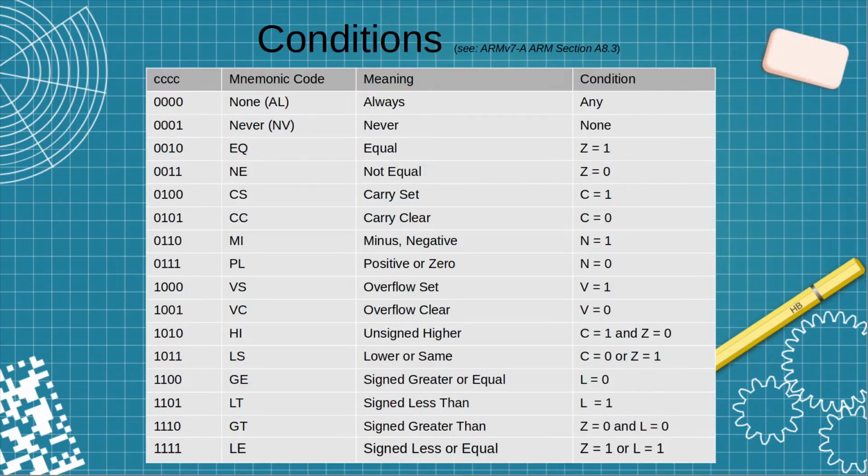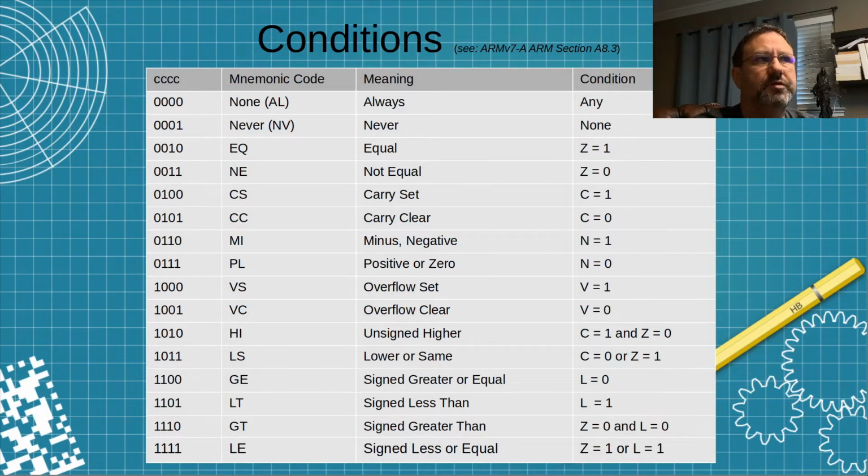But using those conditions, I can then encode for any given instruction if statements, basically. So I can now branch if some condition is true. Having those flags immediately available then allows me to have the conditional execution with just about any assembly language opcode.